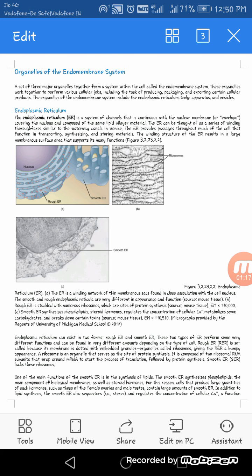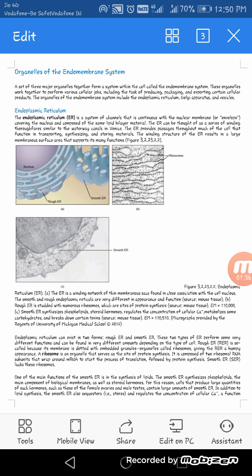So, endoplasmic reticulum. The endoplasmic reticulum, which we can shortly call ER, is a system of channels that is continuous with the nuclear membrane or envelope covering the nucleus, and composed of the same lipid bilayer material.